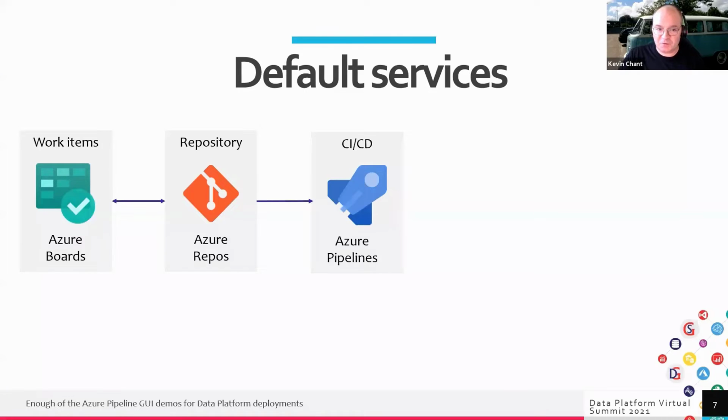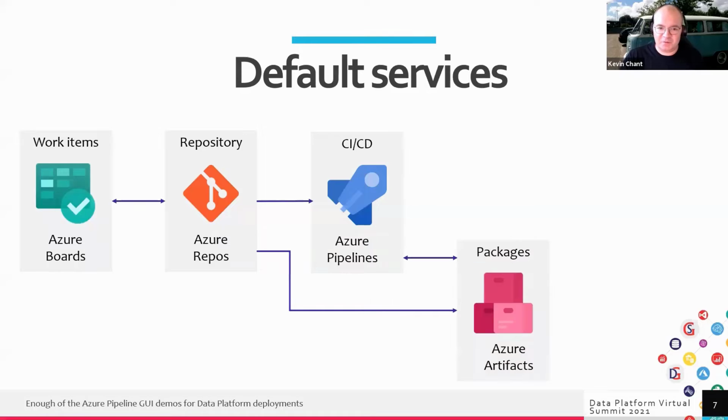And then next, we have Azure Pipelines, which is where we will be covering a lot of this today. This is where all of our CI/CD work will be taking place and where all the YAML files will be working. There's also Azure Artifacts, which is another service in Azure DevOps, which allows you to store packages.